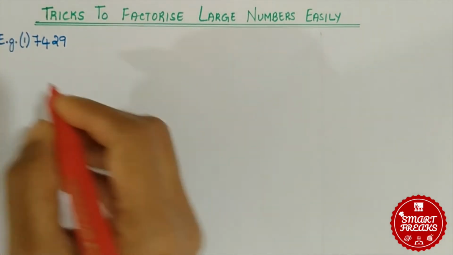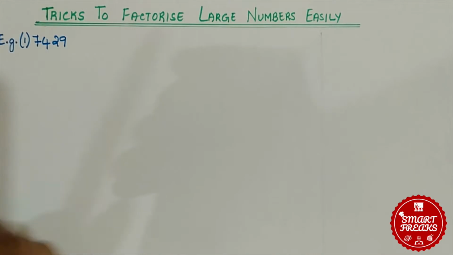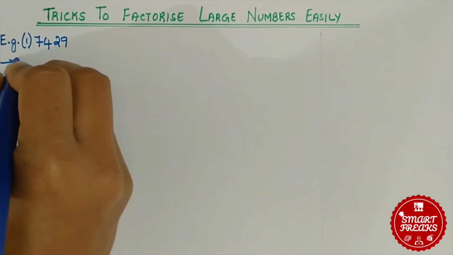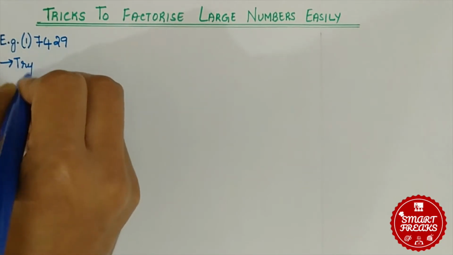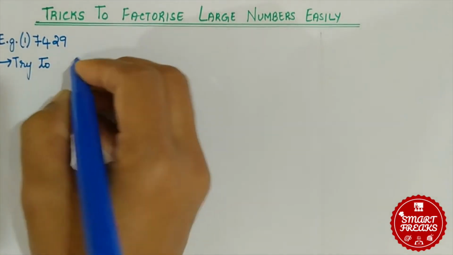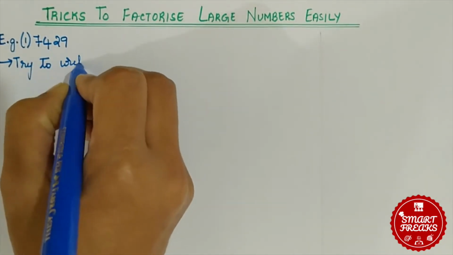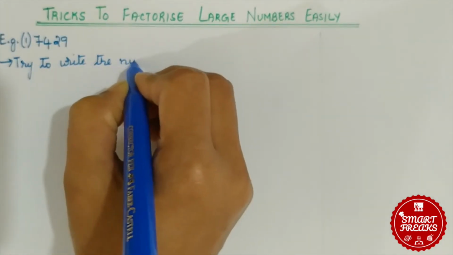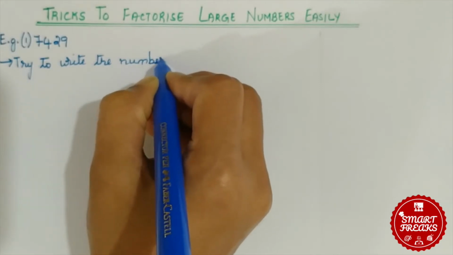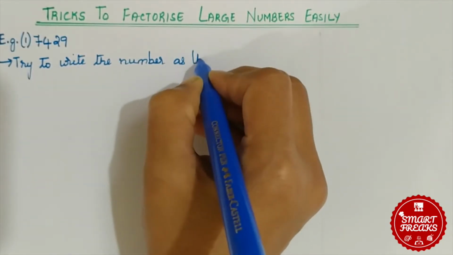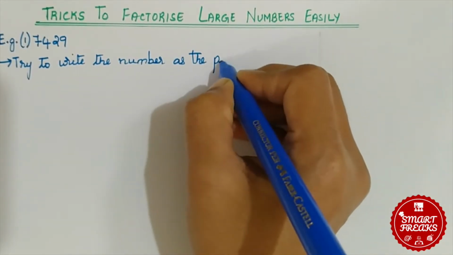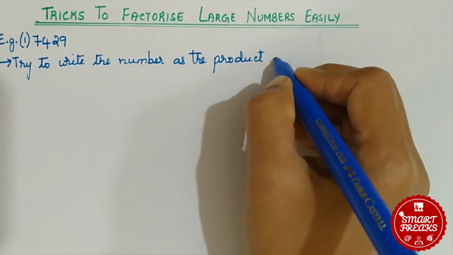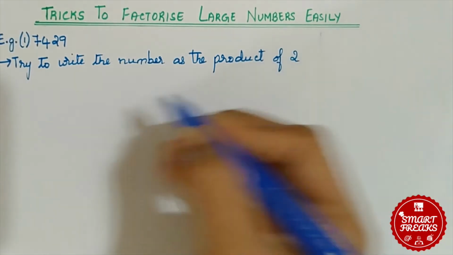Here, we will try to write the given number as the product of two numbers.